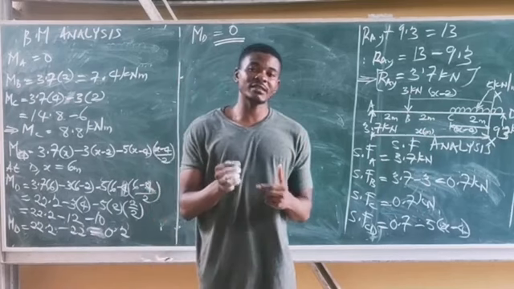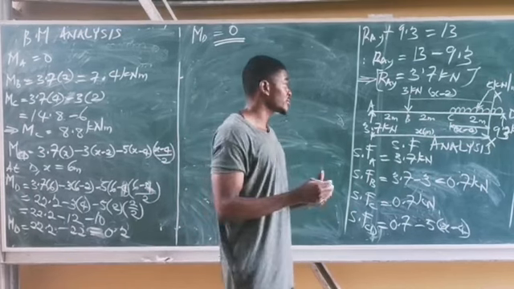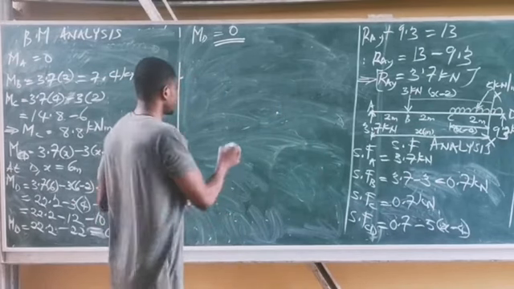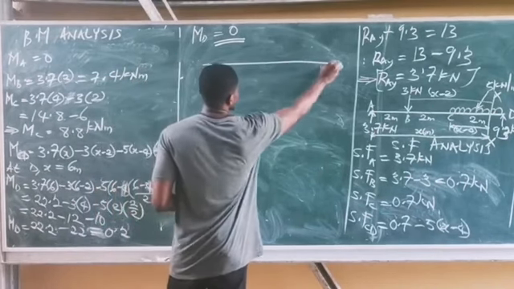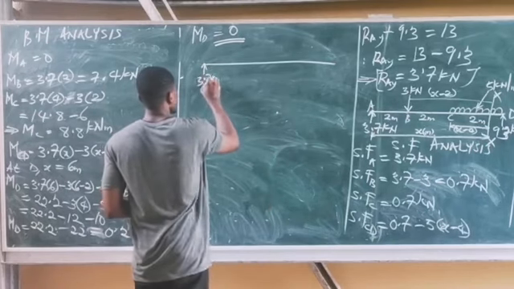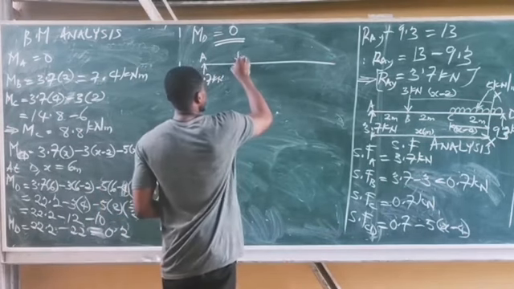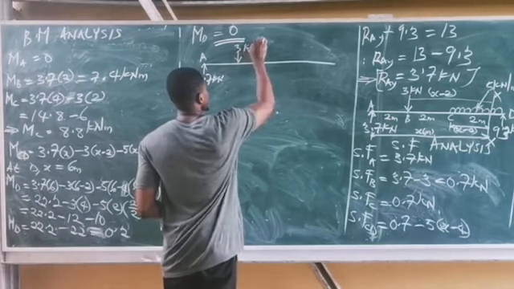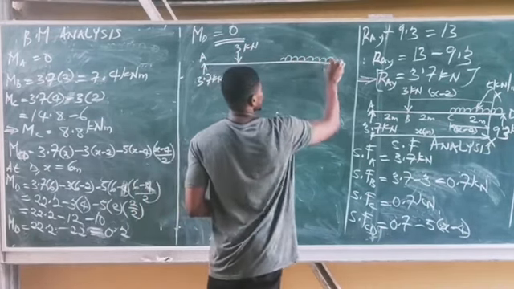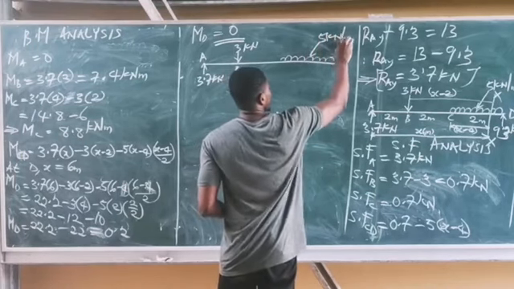Alright guys, so we've done the shear force analysis, we've done the bending moment analysis, we now plot the diagram. Like I said, always bring out the beam. So we have the beam, we have a 3.7 kilonewtons force at point A, we have a 3 kilonewtons force at point B. Between C and D, there is a UDL worth 5 kilonewtons per meter.